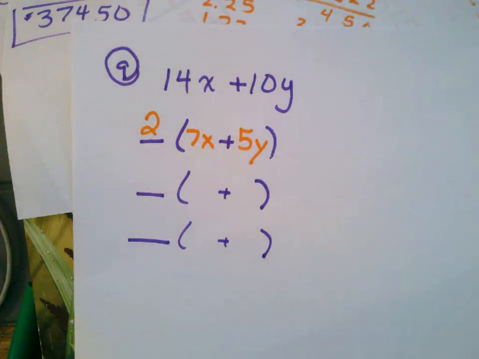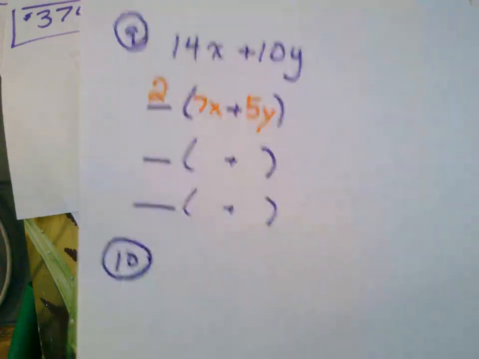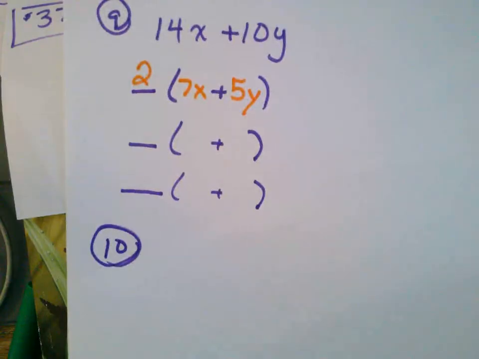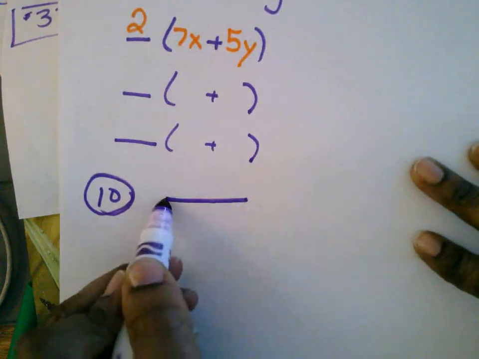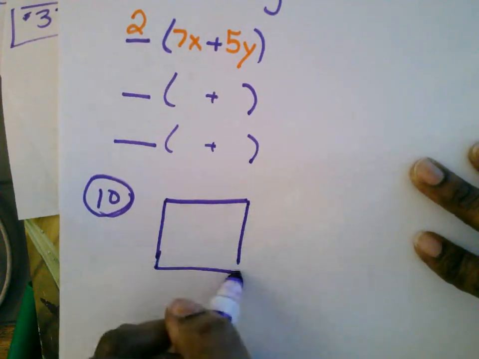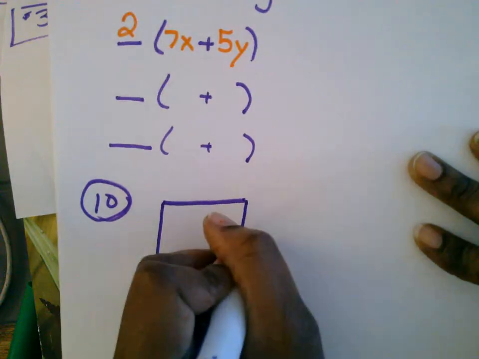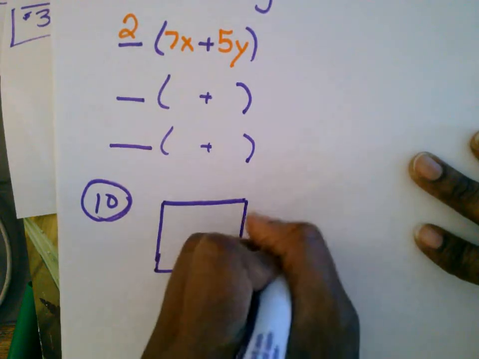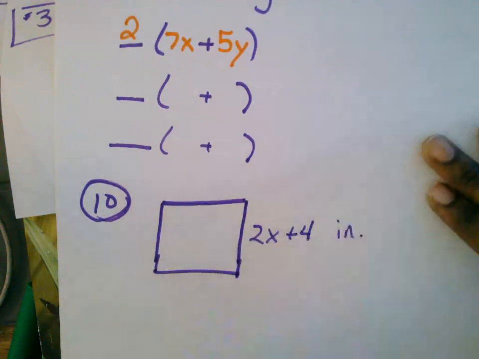All right, number 10. Sides of a square, all 4 sides are the same, are each 2x plus 4 inches long.